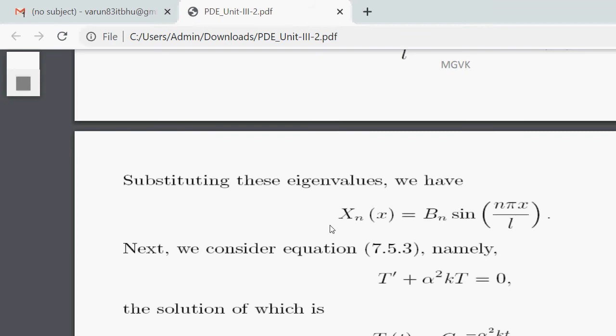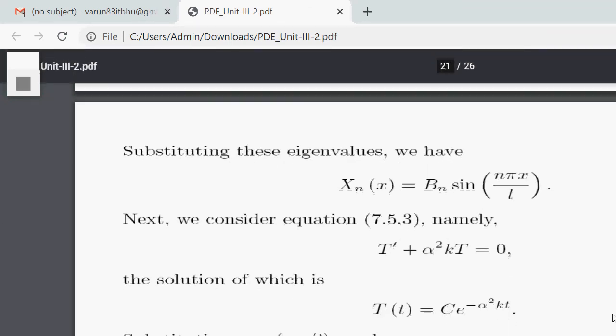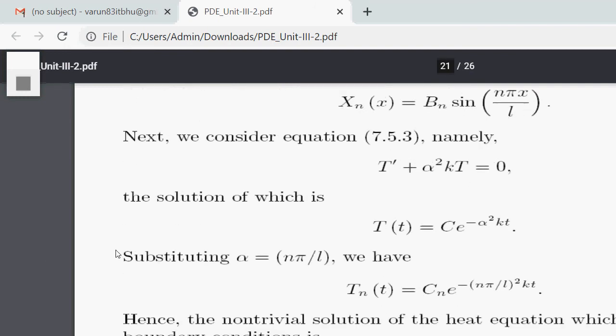Now substitute the value of alpha. Your alpha is n pi by L. So T_n(t) is C_n e to the power minus (n pi by L) squared into kt. Now the non-trivial solution of the heat equation which satisfies the two boundary conditions is u_n(x,t) = X_n(x) T_n(t). Now substitute the value of X_n and T_n.